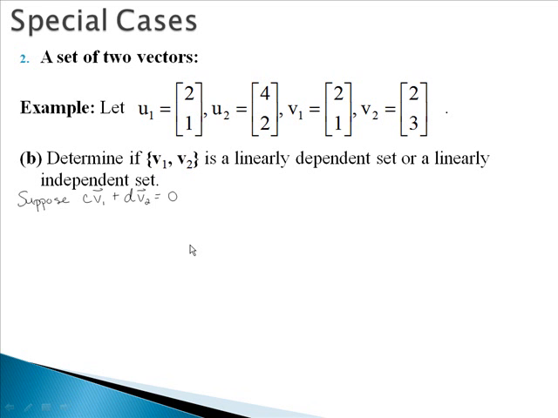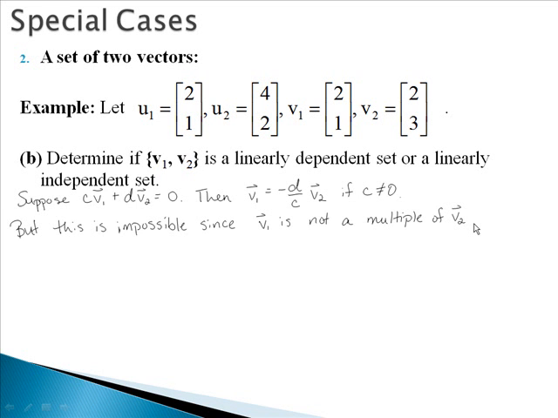Suppose that I do have a linear dependence relation with constants c and d being multiplied by v1 and v2 and added together, and that that's equal to 0. In that case, we could solve our equation for v1 and get that v1 would be equal to negative d over c times our vector v2, assuming c was not 0.